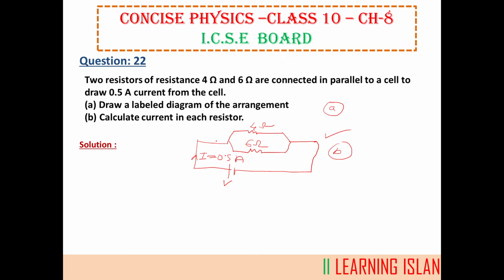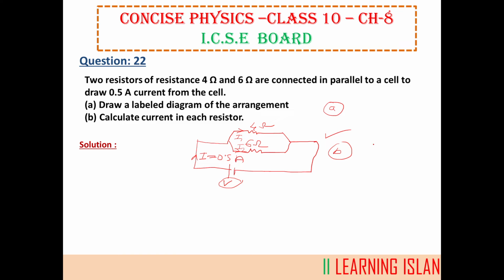Current I is coming here and it will divide into two resistors. If the current through the 4 ohm resistor is I1 and the current through the 6 ohm resistor is I2, and the voltage difference I don't know, then if we first find out the voltage here, it will be very easy to find the current in each resistor.